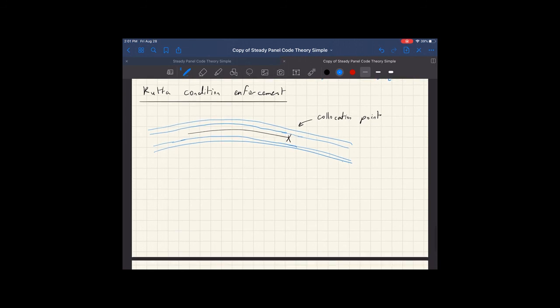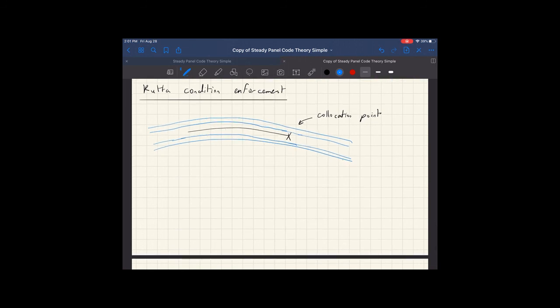We actually have enforced the Kutta condition implicitly by inserting a collocation point at the trailing edge. That means that if we have a collocation point at the trailing edge, there is no velocity in the normal direction because they all sum to zero. That must mean that any velocity at the trailing edge is tangential to it, and thus we have made sure that the flow leaves the trailing edge smoothly.